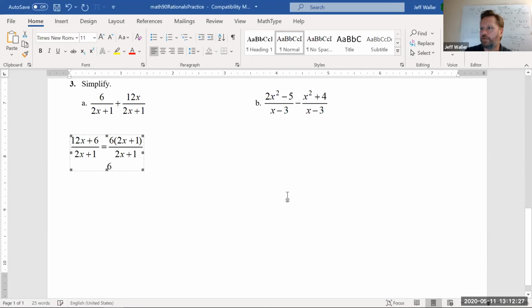It matters what order we put it in. How do you mean what order? So it can't be 6 plus 12x. Oh, it totally could be. Okay. In fact, let's do that. If you put it as 6 plus 12x, then it would have looked like this, right? It would have looked like that. Is that cool?